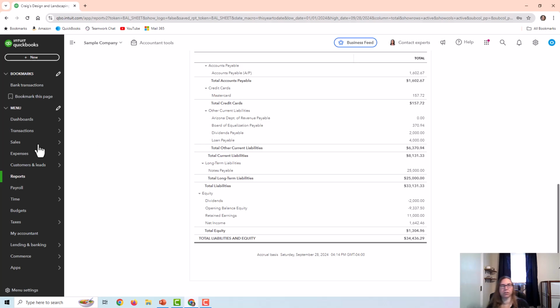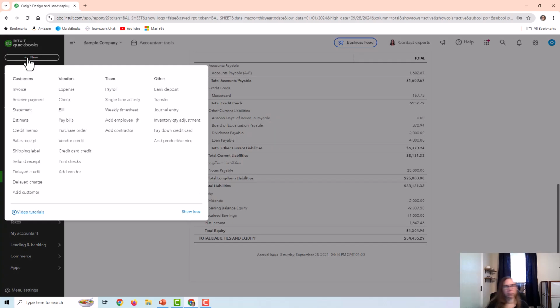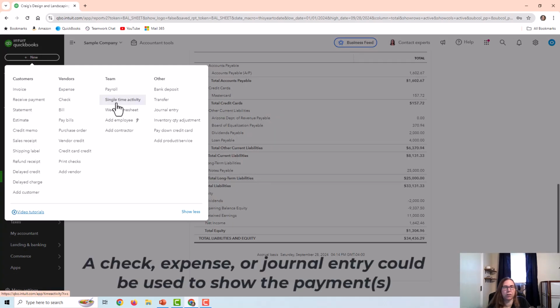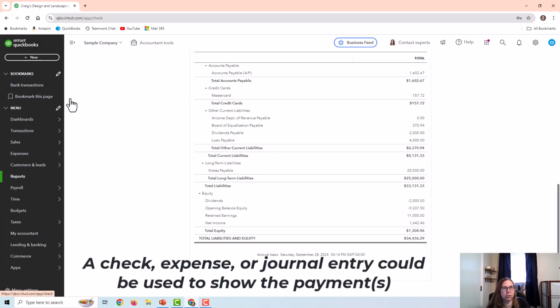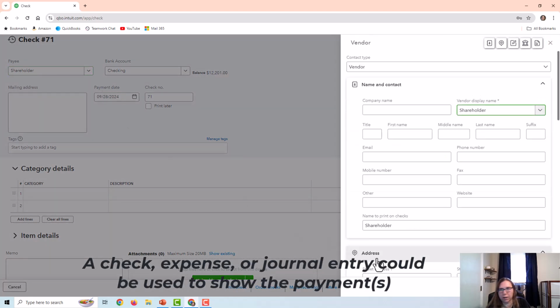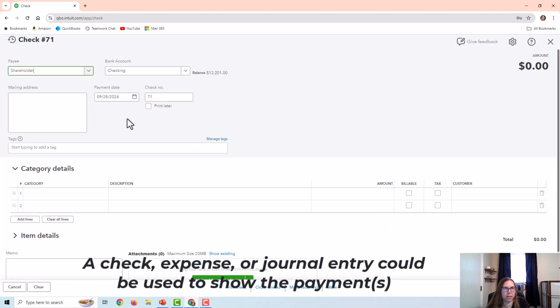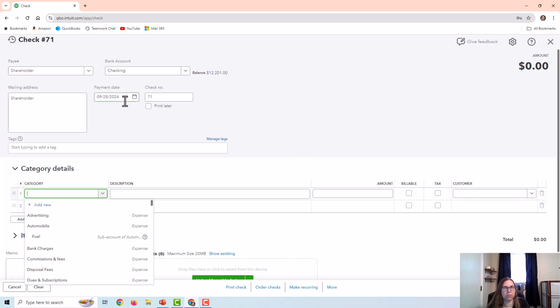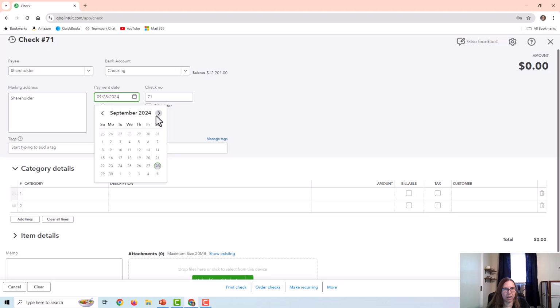So what you could do is just write checks or do journal entries for each individual $200 payment. So I would just do new check, and I would probably set up each shareholder as a payee. I'm just going to add one here. I'm not going to add one for each individual check. But basically what I would do is just create the check, and I'm going to actually put these ahead to December 1st.